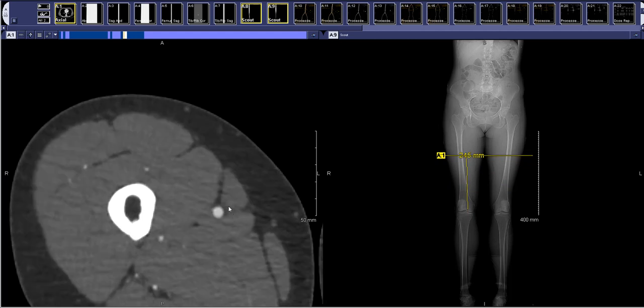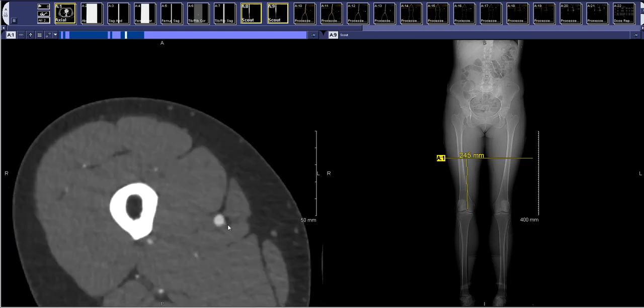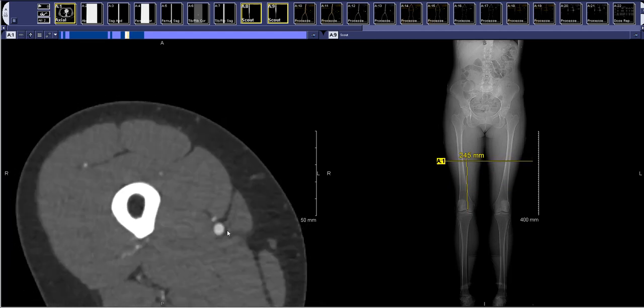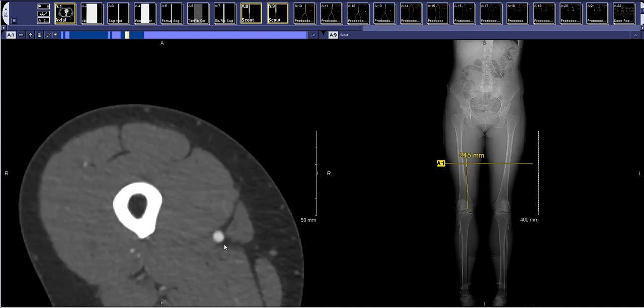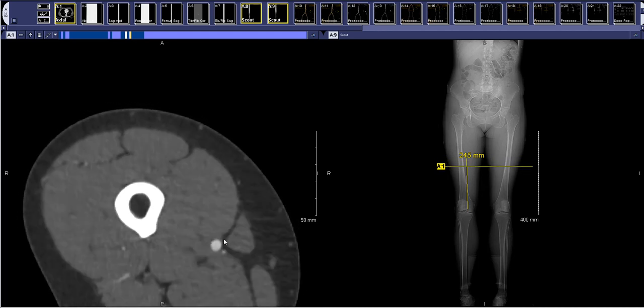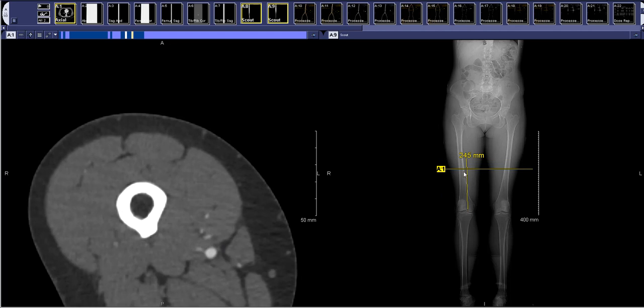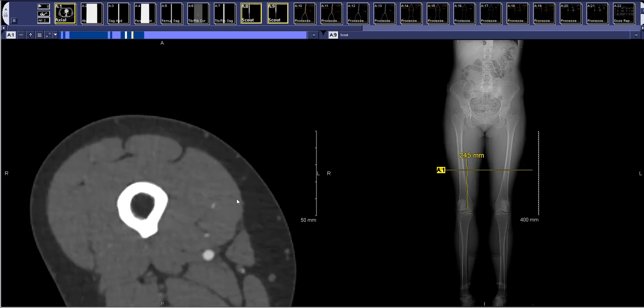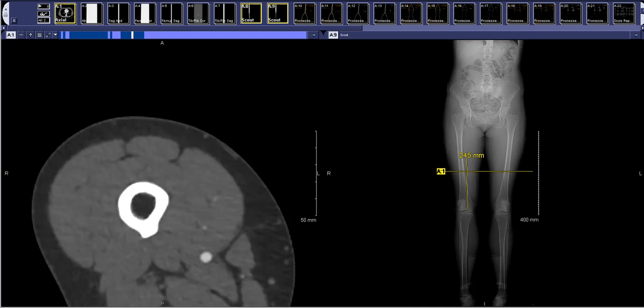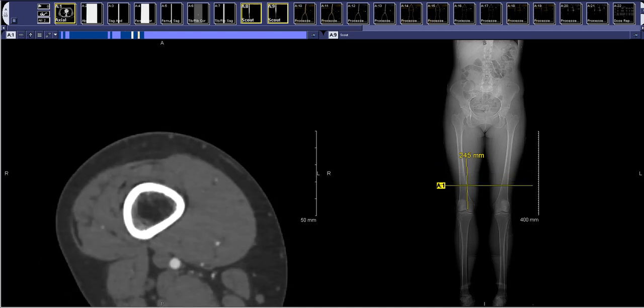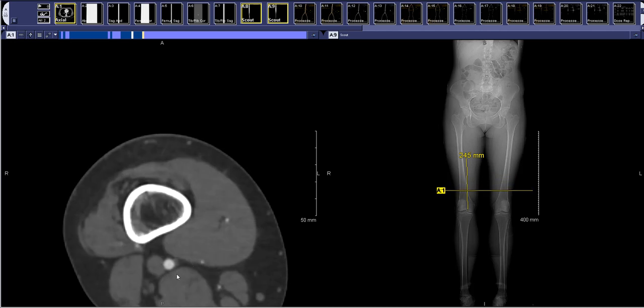You'll notice as you come down, the superficial femoral artery in this case is widely patent. This is a healthy young person who is kind of incidentally scanned for a traumatic injury. Then as you get down into the lower aspect of the thigh, as the superficial femoral artery swings into the musculature, that's called the adductor hiatus because it's a hiatus around your thigh adductor musculature. At that point, the superficial femoral artery starts to turn into the popliteal artery, which runs obviously right behind your knee joint.